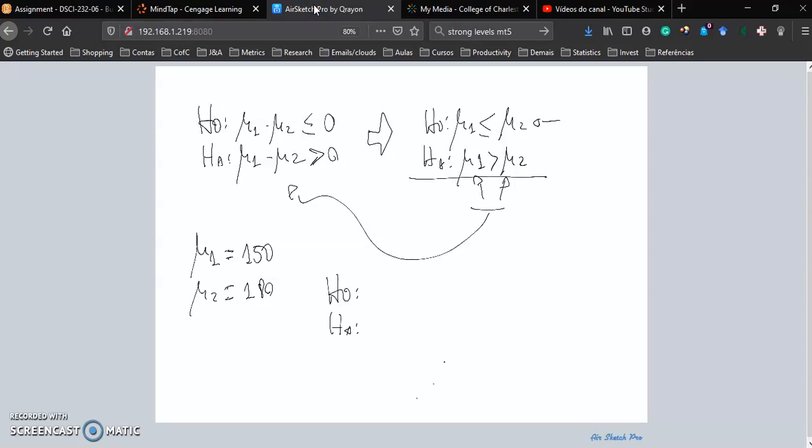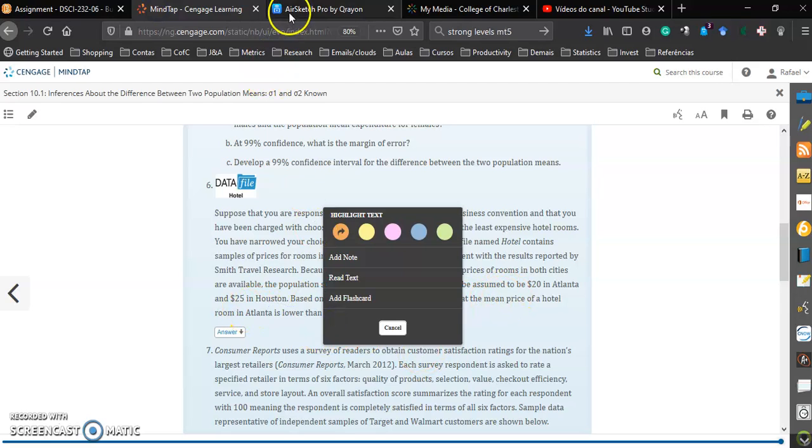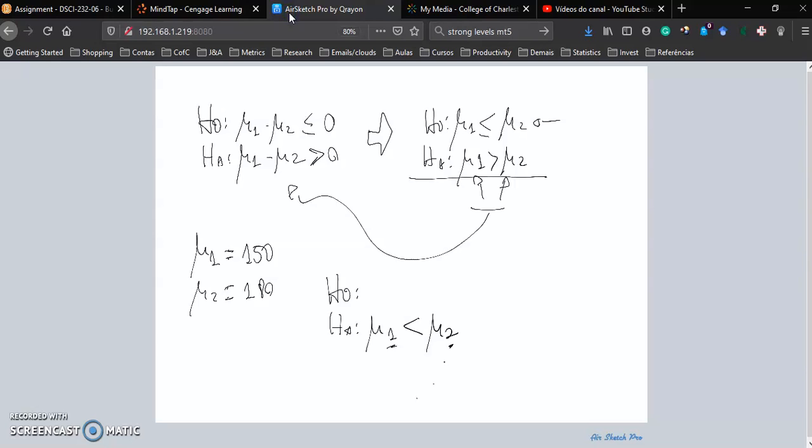So the mu in Atlanta is lower than the mu in Houston. The price in Atlanta is lower than in Houston. That's my alternative. This is what I want to test.